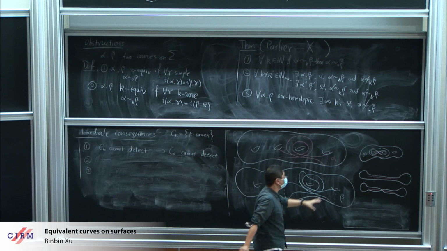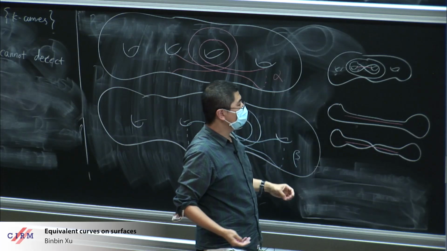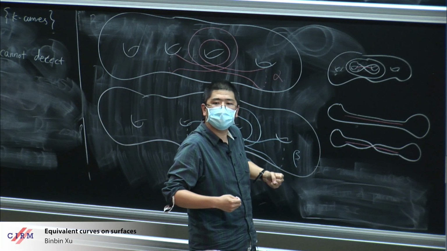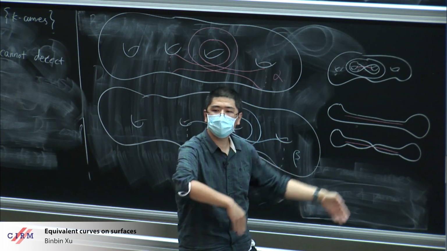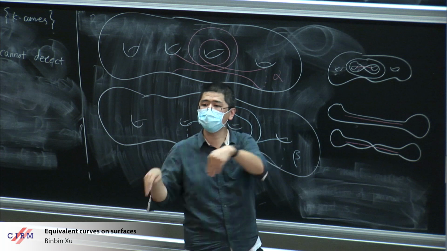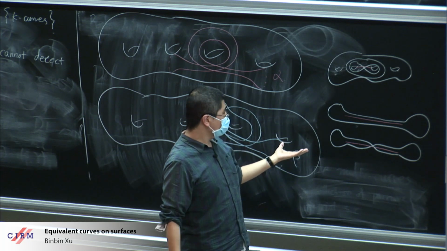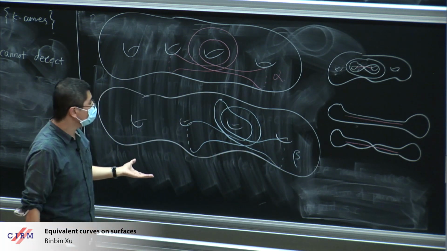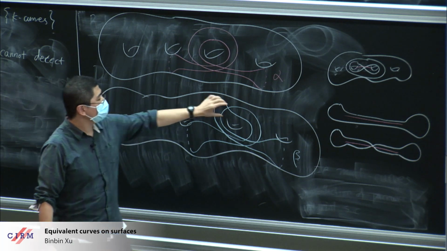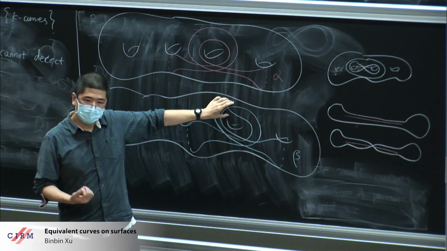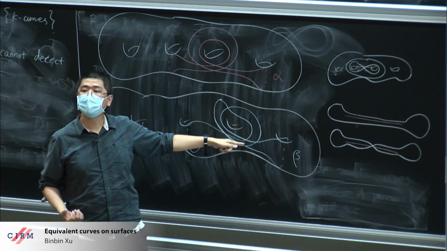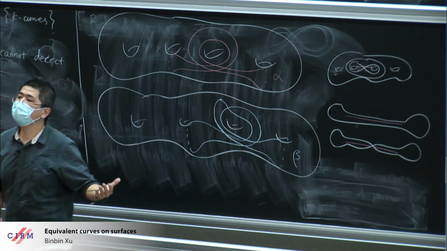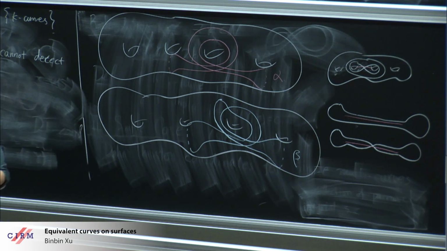So in order to tell them apart, it's like you are being held by two big guys, and when these two big guys turn right, you should also turn right. And when they come back, you should also come back. And in this way, any curve that can tell this intersection point will have at least one self-intersection here, which means if you take any simple curve, you cannot tell them apart from each other.